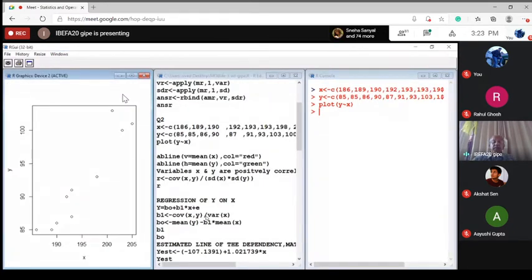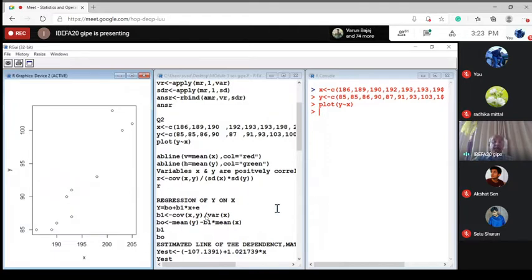How many of you remember? Yes, sir. The first graph showed negative correlation, shopping center and customers. But this is positive correlation.